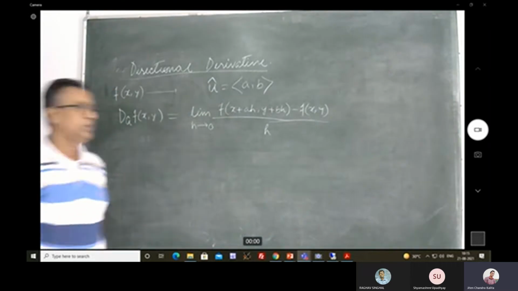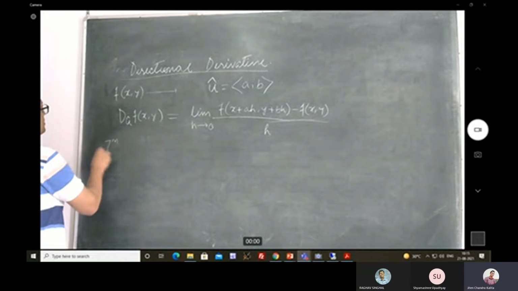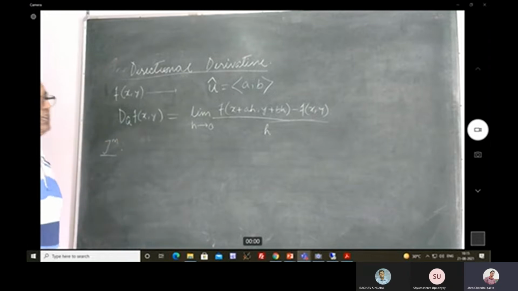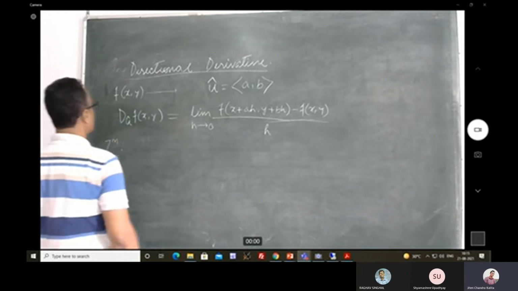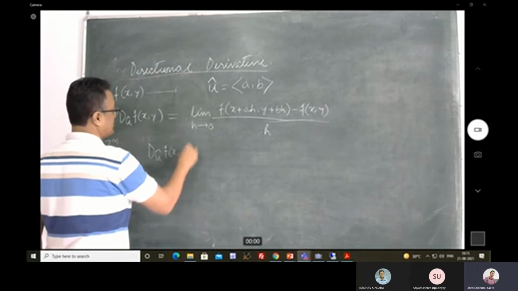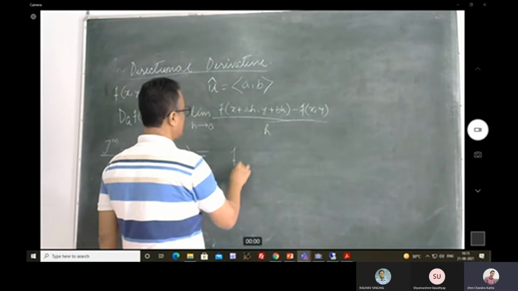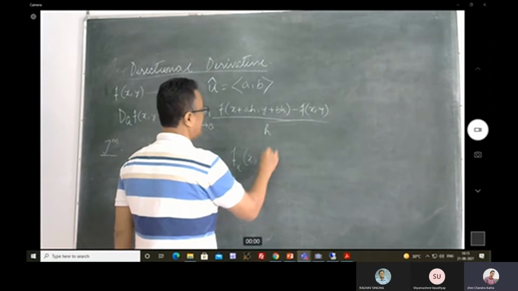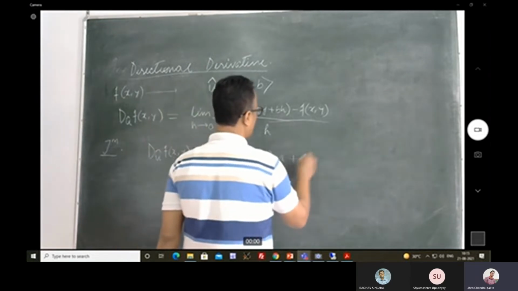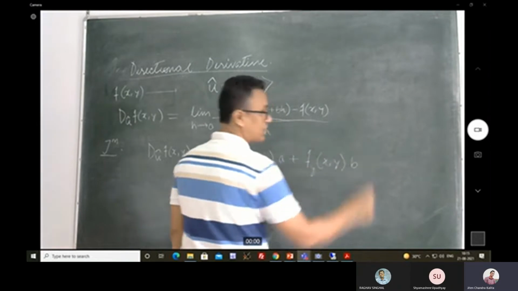We also proved a theorem that the directional derivative D_u f is simply given by f_x(x, y) times a plus f_y(x, y) times b.